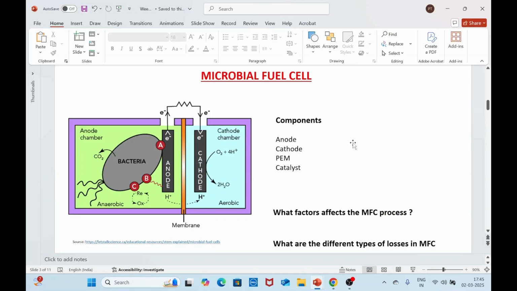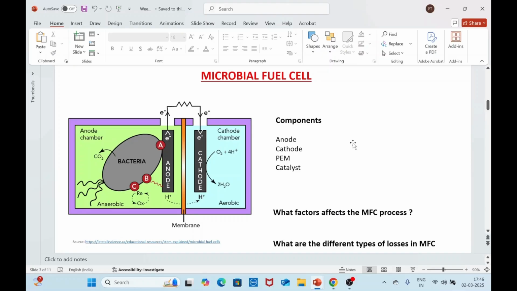And when this energy conversion, that is chemical energy to electrical energy, happens in the presence of microbes, that type of cell is called a microbial fuel cell.